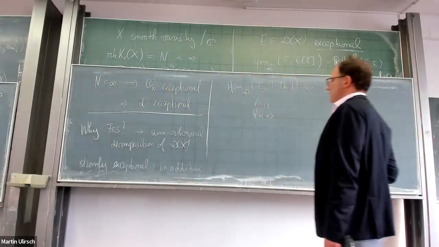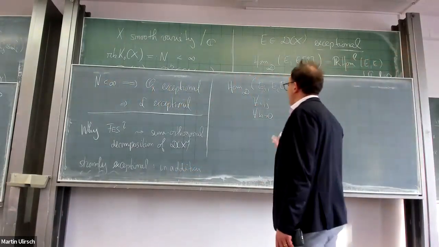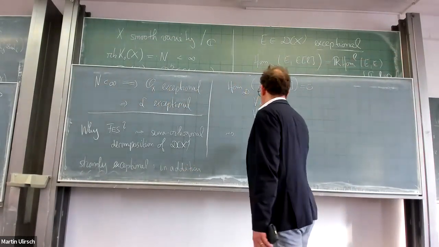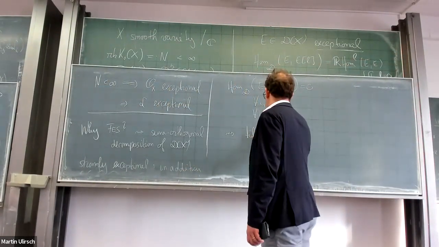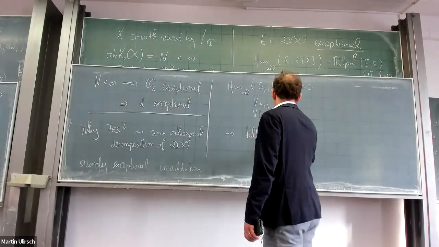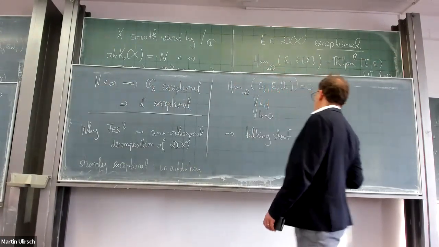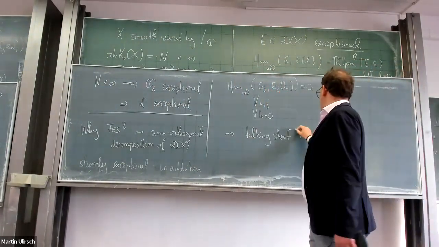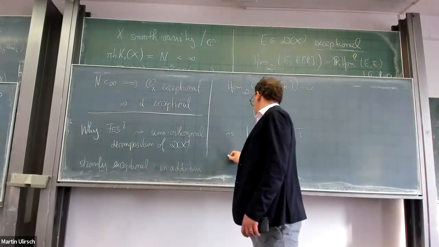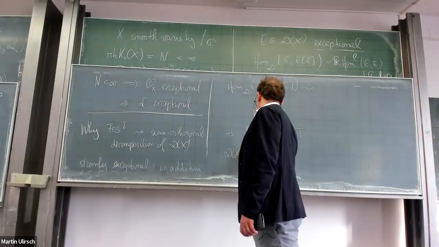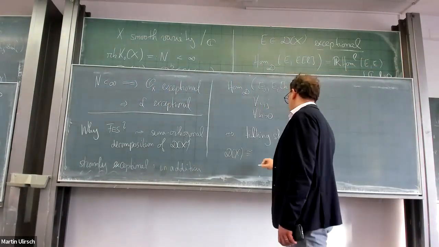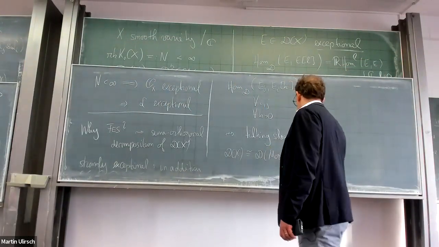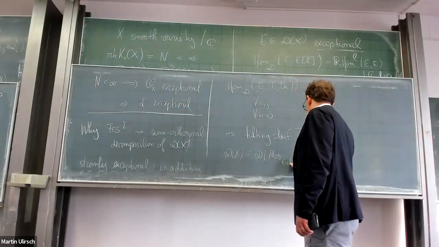These strongly exceptional sequences give rise to tilting bundles. And these are much sought after in representation theory, because once you have that, you can say that your derived category is equivalent to the derived category of modules over the endomorphism ring.